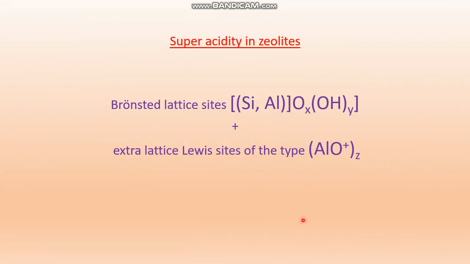Recently, upon reconsidering the evidence in the literature, the concept of superacidity in zeolites has been advanced. It is proposed that superacidity in zeolites may arise from the interaction of Bronsted lattice sites, this one, and extra-lattice Lewis sites of this type.